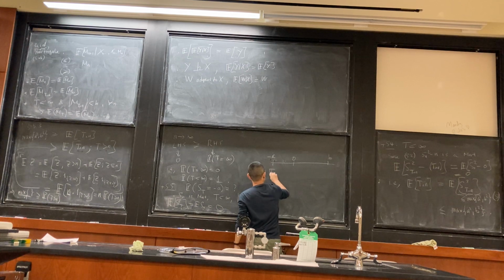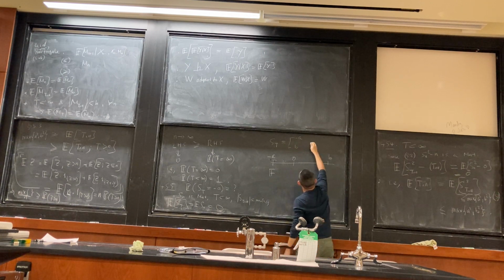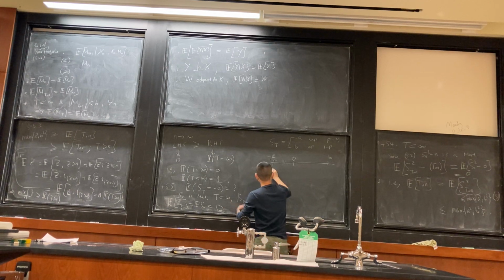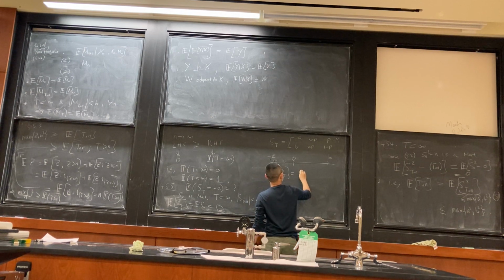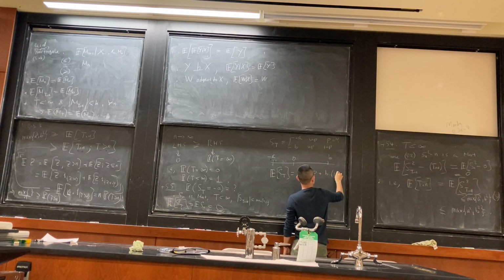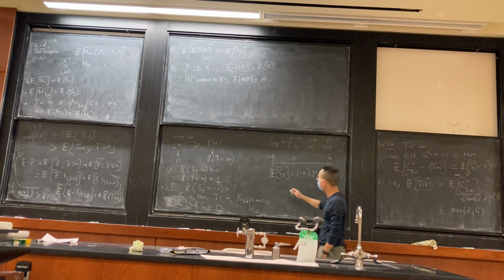Remember, S_T is either negative a or b. I don't know that probability yet, so let's say it is P, to be determined. But then you plug it in: the mean of S_T is negative a times that probability plus b times 1 minus P. And I know it is 0.